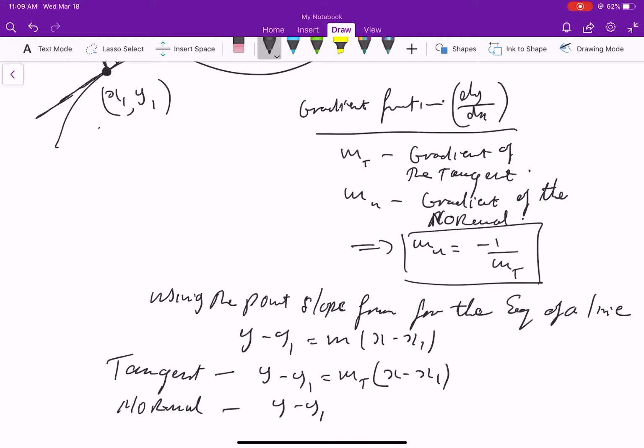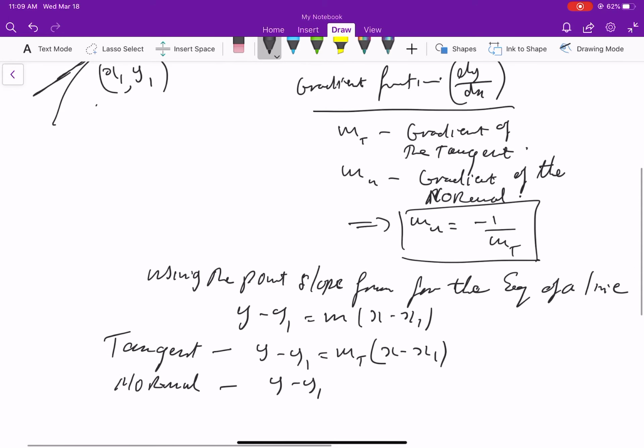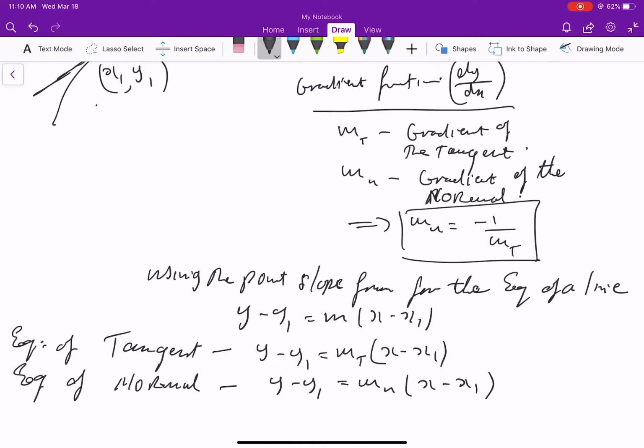The normal also passes through the same point. Y minus y1 is equal to m sub n into x minus x1. This is the equation of the tangent, the normal. All right.